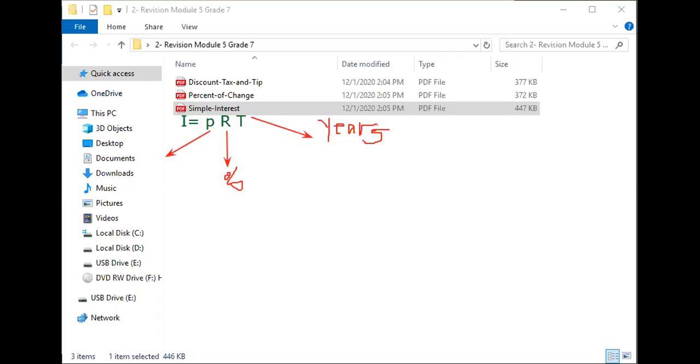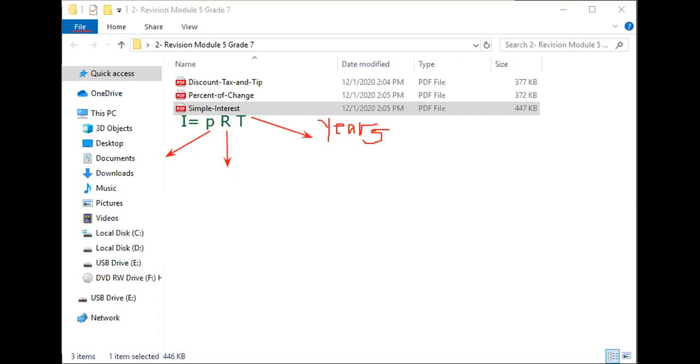And 7%, this represents what? R. So this represents R. And what does 2 years represent? Time. So the first one represents principal, and this represents R, and we have to change it into decimal, so that it will be 0.07, and then 2 years we will replace, and then we can find the answer for the questions.